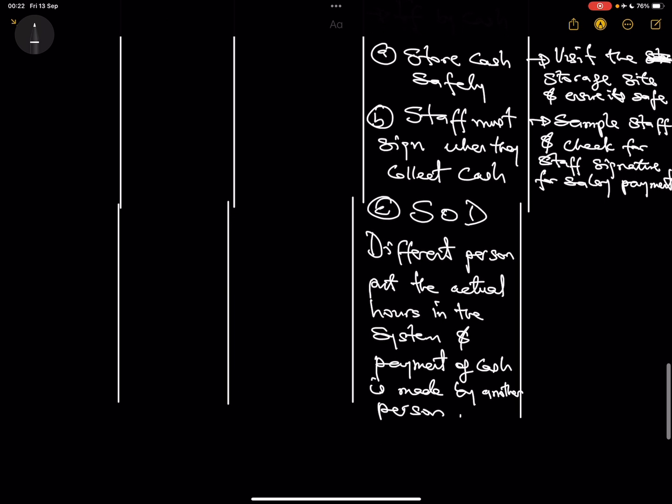And for SOD, anytime you want to test SOD as an auditor, you have to interview staff in payroll department.